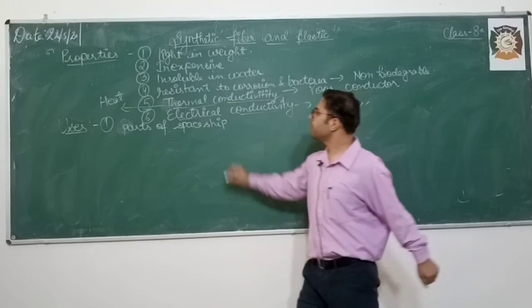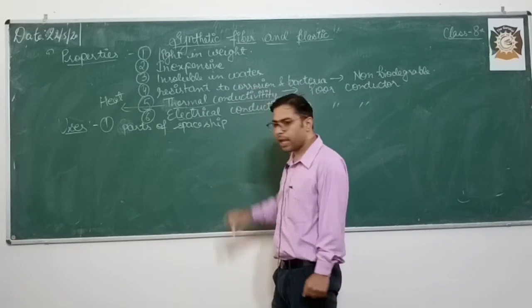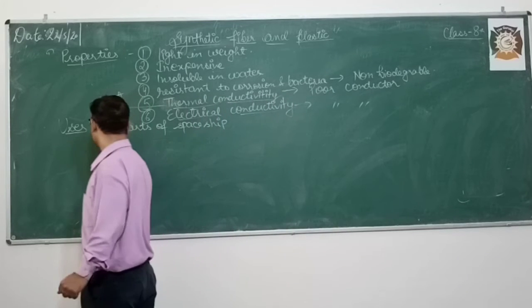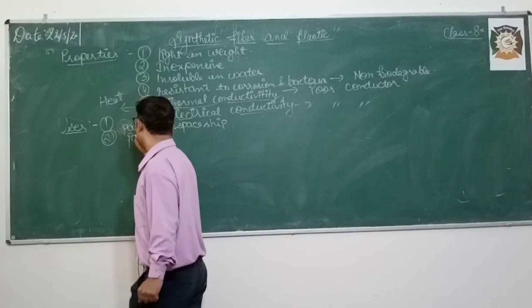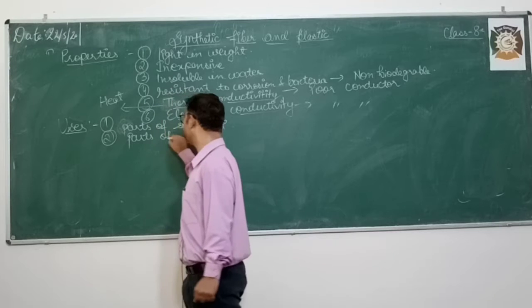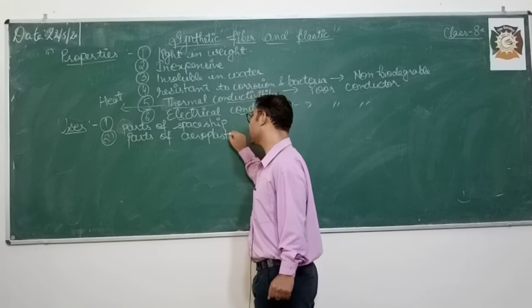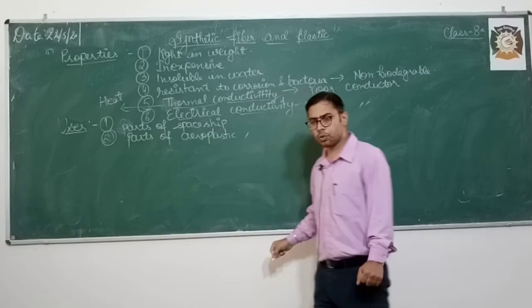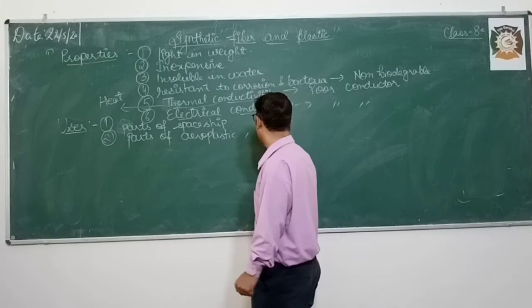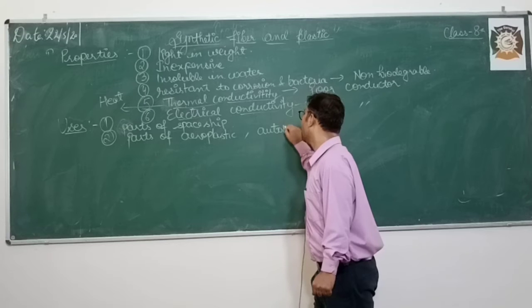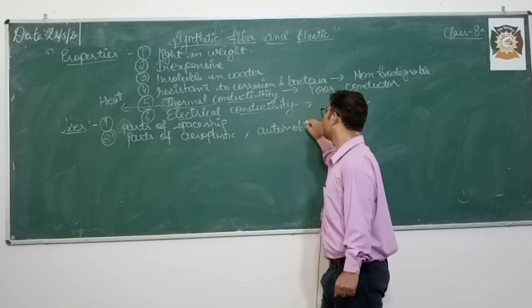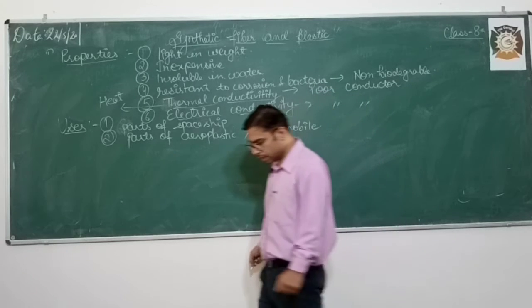Now, it is inexpensive, that's why it is used to make parts of aeroplanes, so that we can decrease the price, and it is also used in the parts of automobiles, like car and bus.